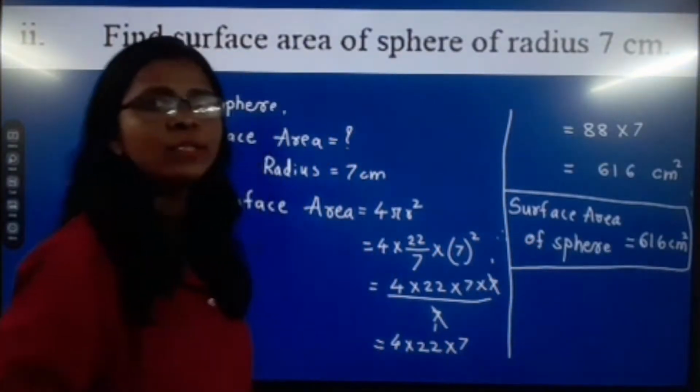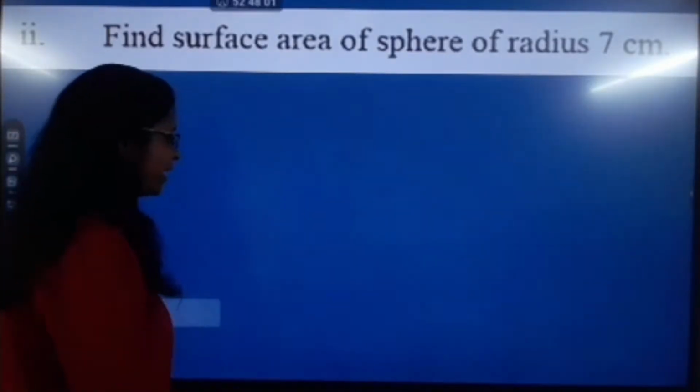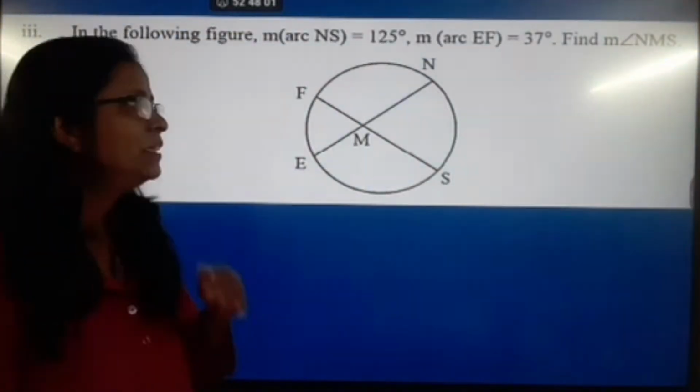Okay, students, you write down this example. Then next example, students, see the next example.